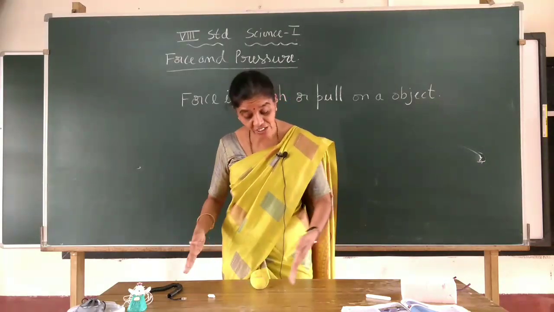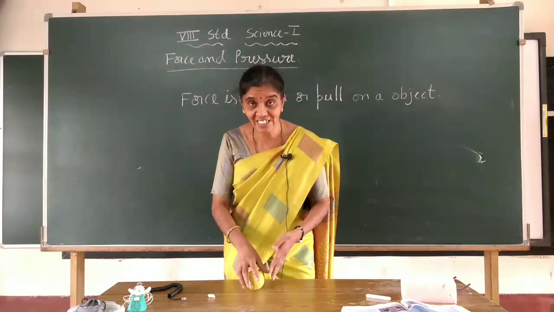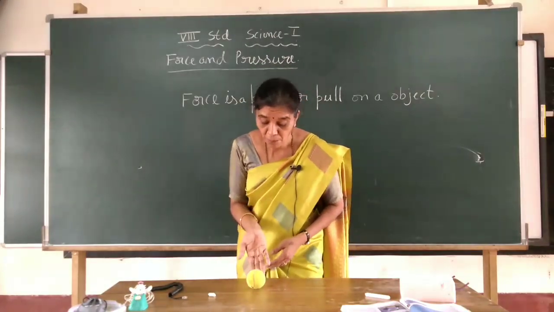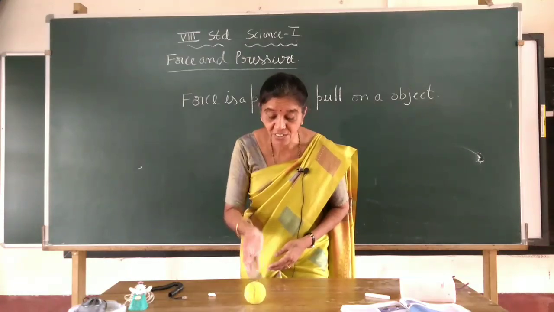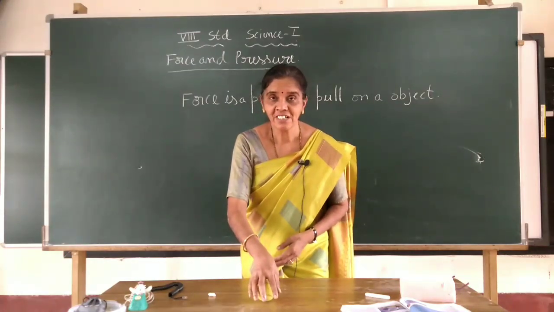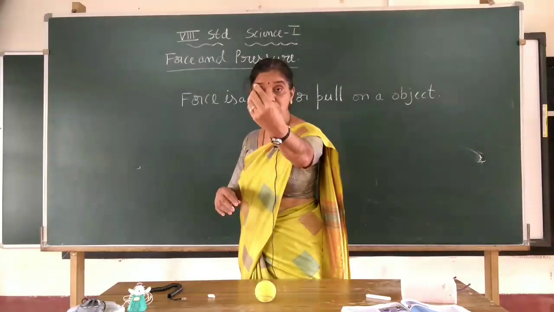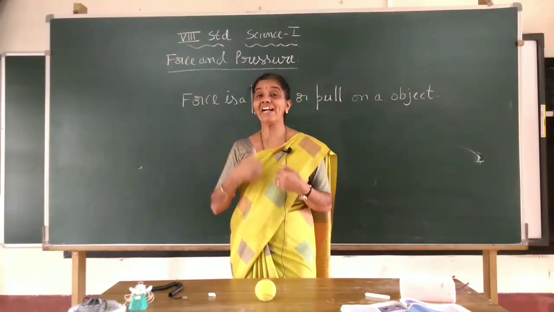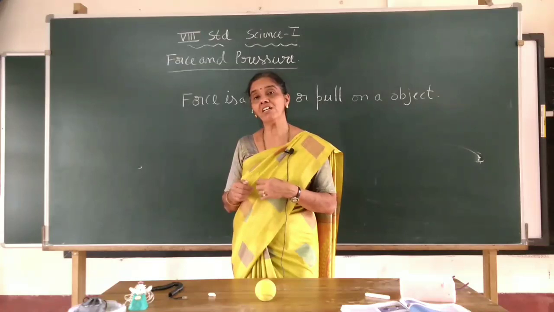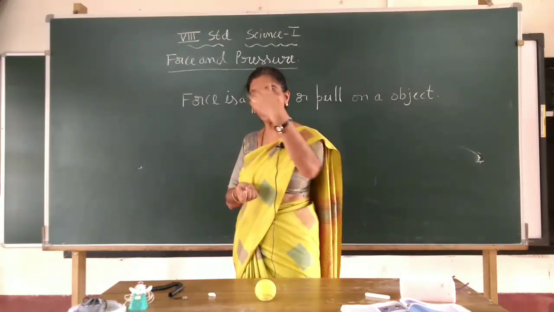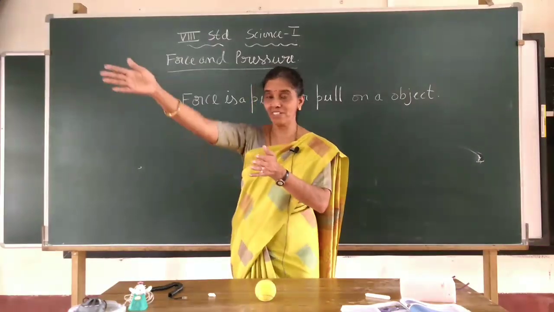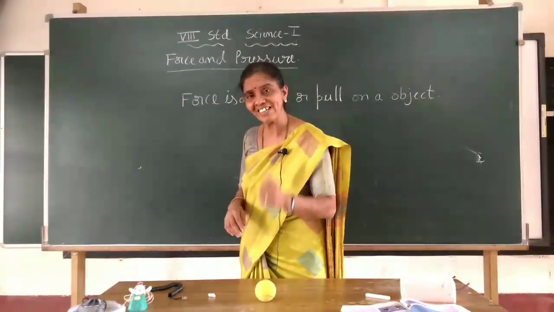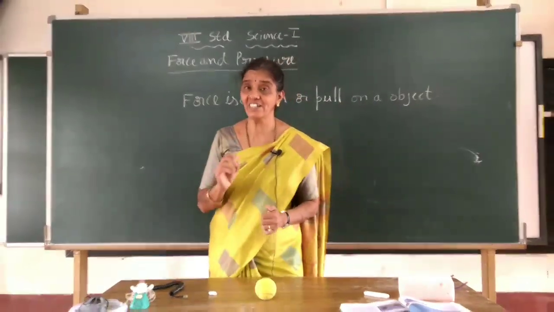No. Like this, if I apply the force, will you get the result? No. To make it move forward here, in this case, I should push it in the opposite direction like this way, right? When the bowler will throw, the ball will move like this way. He will apply the force in the direction towards the batsman, and the batsman will hit it in the opposite direction towards the bowler or towards that side or this side.